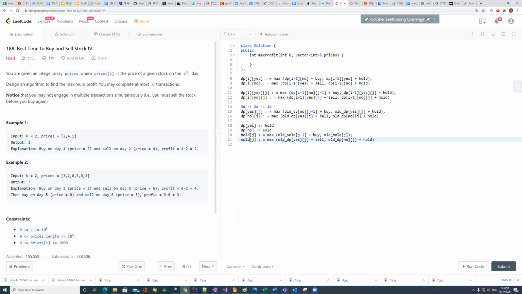I will show how the statuses are represented. Yes uses hold, and no is sold.